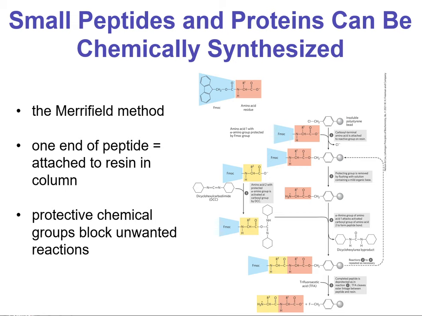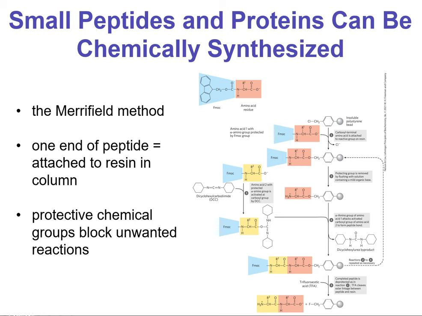You have one end of your peptide that's attached to resin on a column. And you protect the groups that you don't want to be chemically modified, usually with FMOC. Okay? Don't worry about what that is. Just know that it's a protectant.